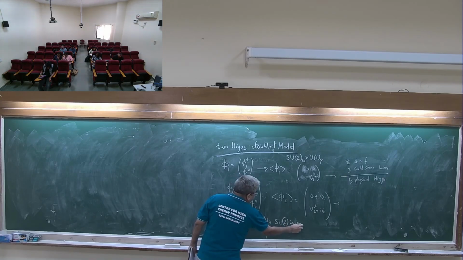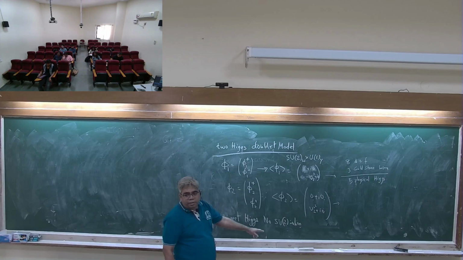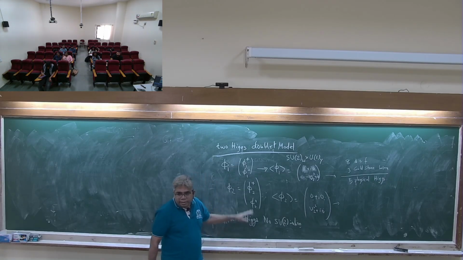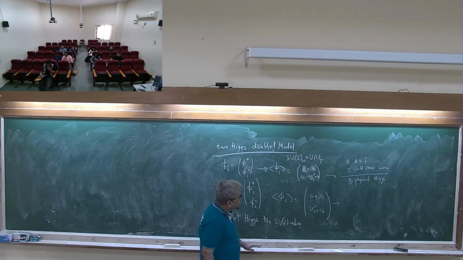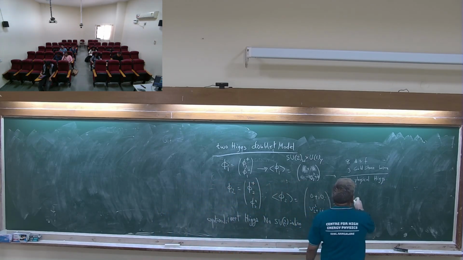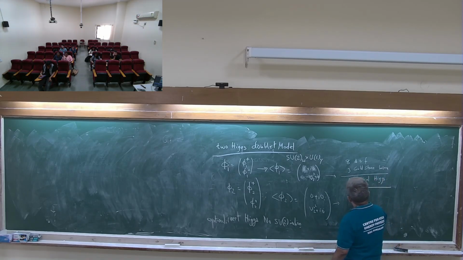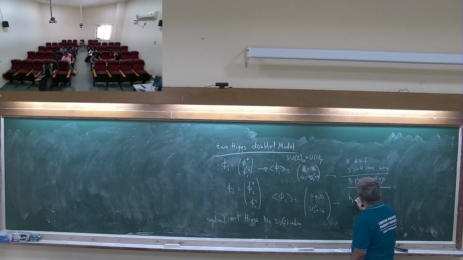In that case, this Higgs need not get a wave. So it can be a doublet, it can be a singlet, whatever it is. It doesn't have SU2 charges, it doesn't have U1 charge, so it is just staying there. It may have U1 charge. So the 5 Higgses are, if you do the calculation, minimize the potential and everything, there is a light Higgs, a heavy Higgs, a pseudoscalar Higgs, and a charged Higgs.